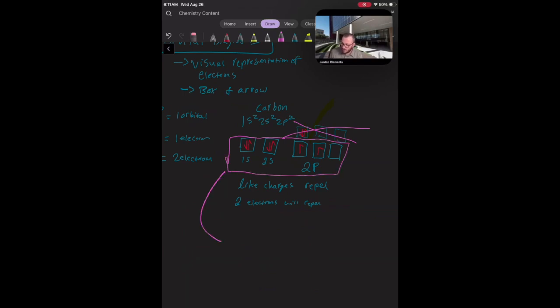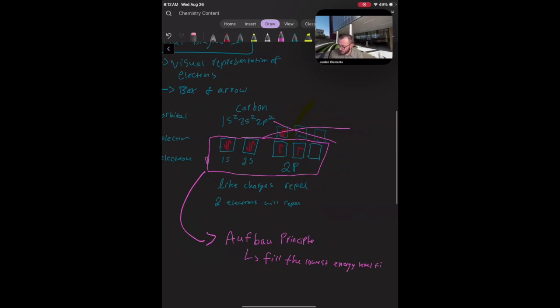So let's define some of our rules. We have the Aufbau principle, which states that we must fill the lowest energy level first.